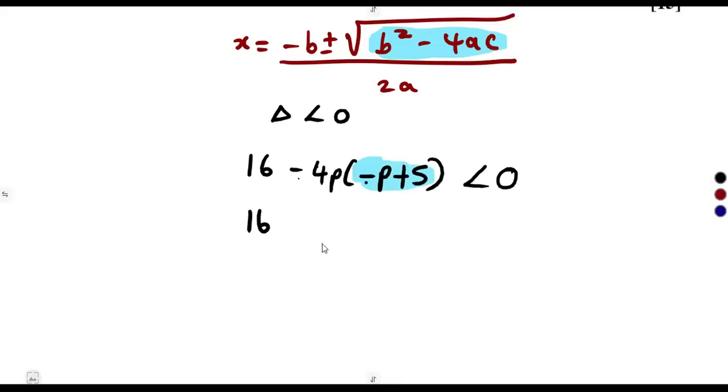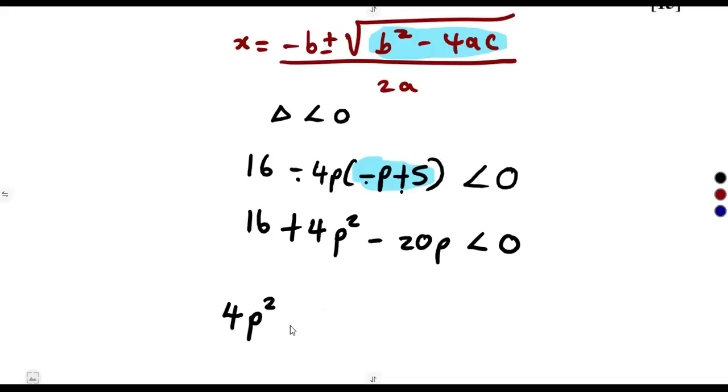Negative times negative, that's positive, so that's 4p squared. Negative times positive, that's negative 20p, which is less than 0. We do not even have like terms here, so we just rewrite: 4p squared minus 20p plus 16 is less than 0.